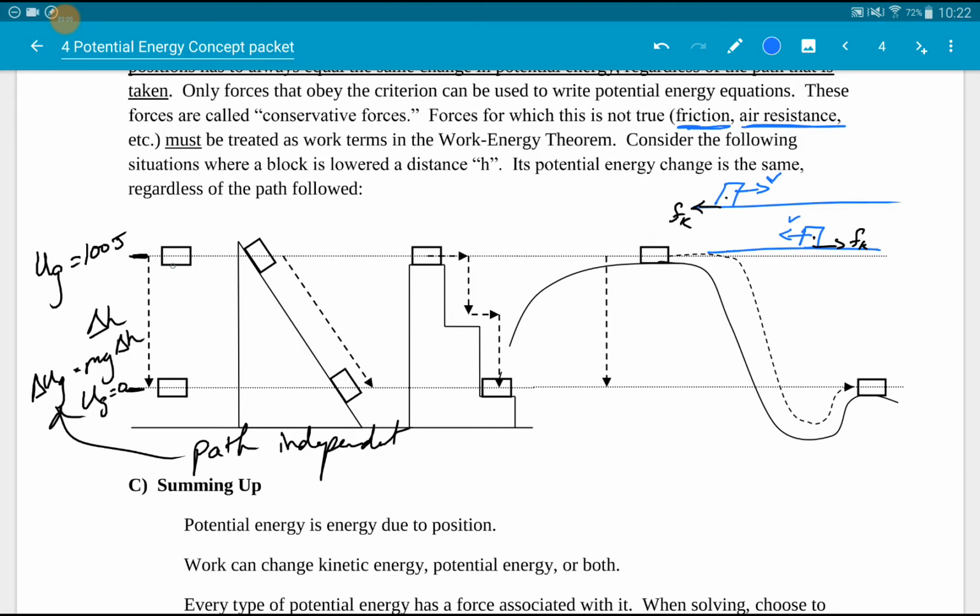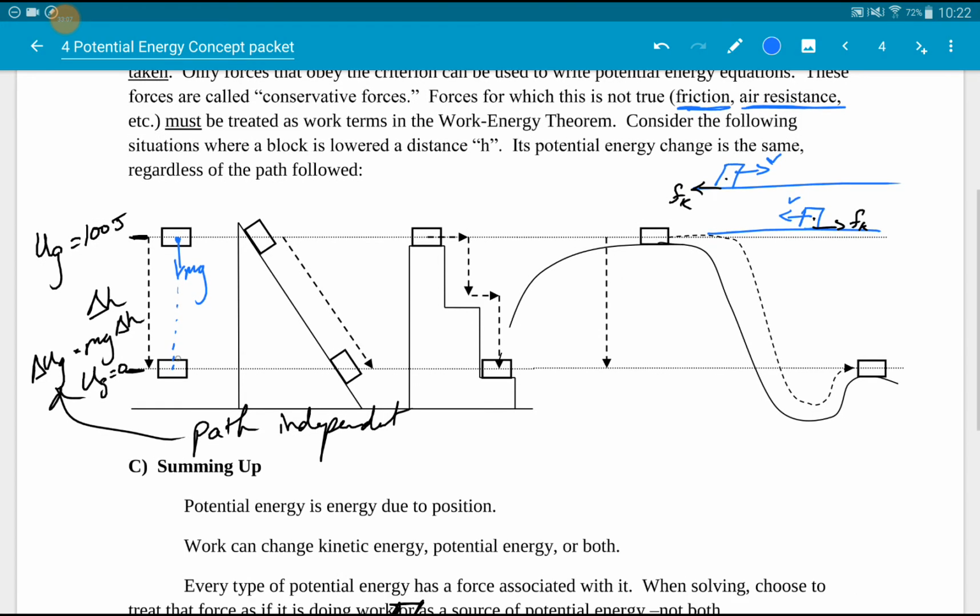Well, let's think about that. In this case, we can see that gravity would pull down and it would go through this displacement. And these two vectors here are going in the exact same direction. And so it'd just be mg times the cosine of theta, which is 0, times that delta h, the height there. Easy, easy. But let's do that for the next one here.